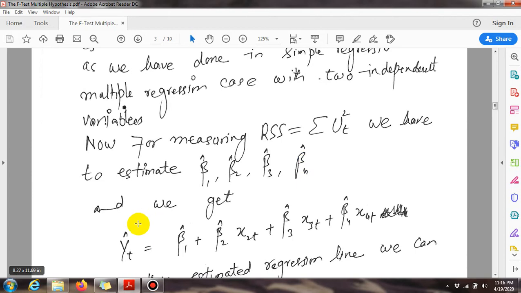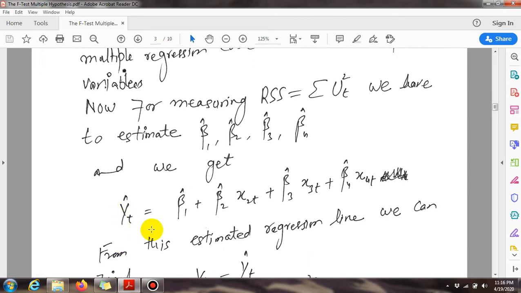After estimating the betas, we get yt hat is equal to beta 1 hat plus beta 2 hat x2t plus beta 3 hat x3t plus beta 4 hat x4t.